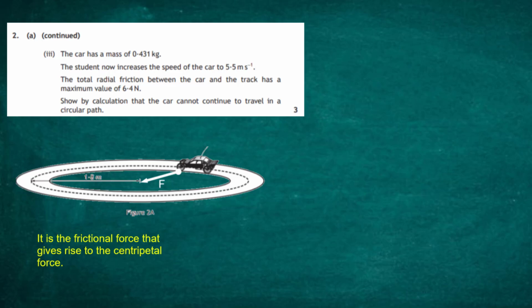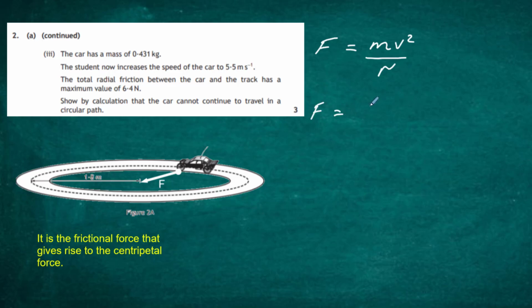And looking up our data book, we know that the centripetal force, F, is given by the following: the mass of the object, the tangential velocity it has, v squared, divided by the radius of the circle which it is prescribing, the radius of the track. So we've got all that data to look at, and we just put the data in.